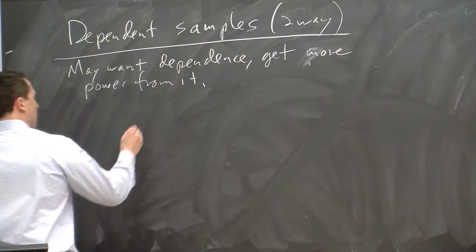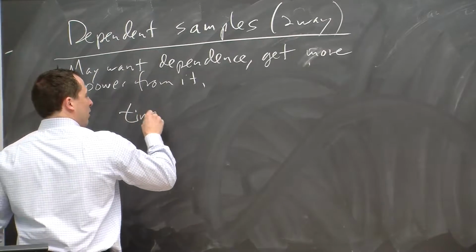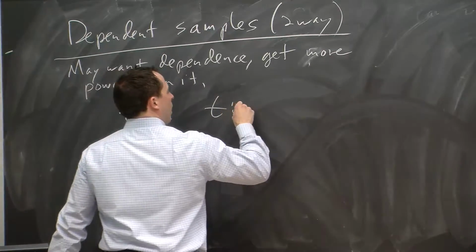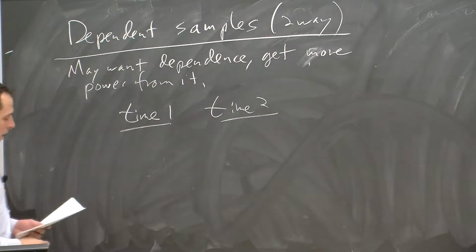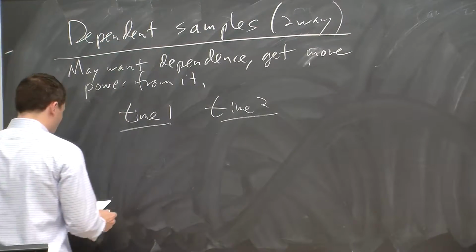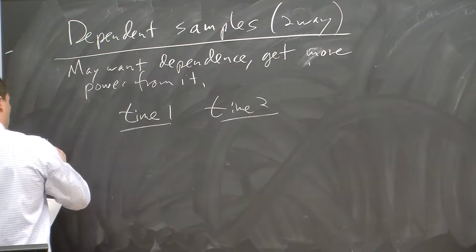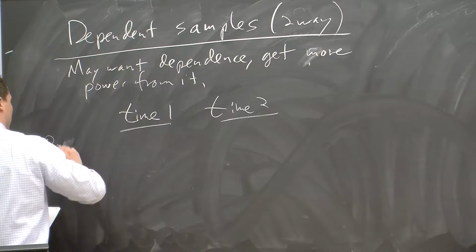So the typical example is we have two different times, time 1 and time 2, and we have two possibilities. We have a prospective study.